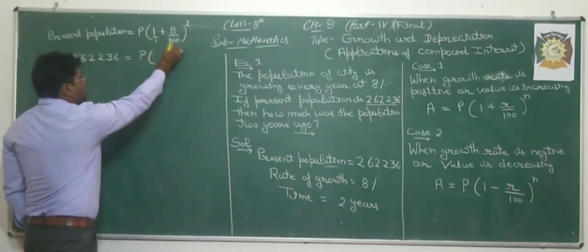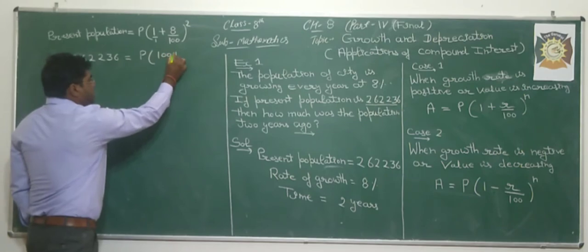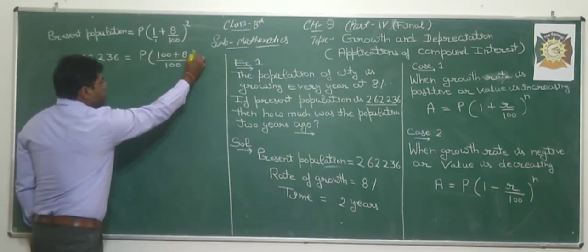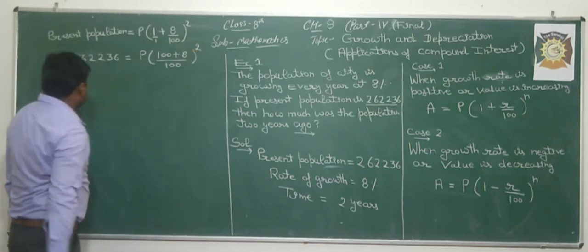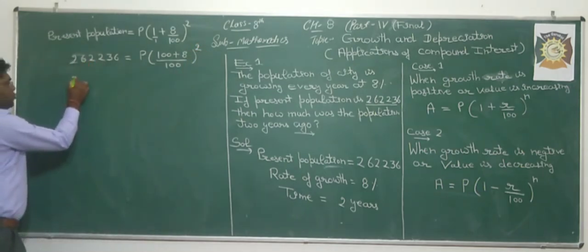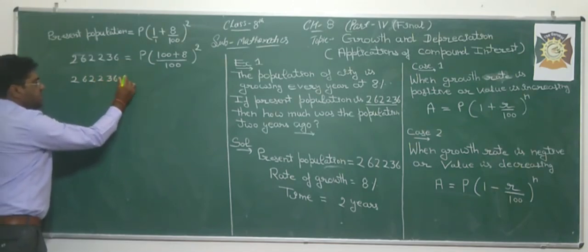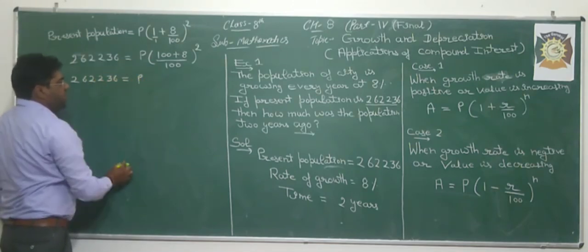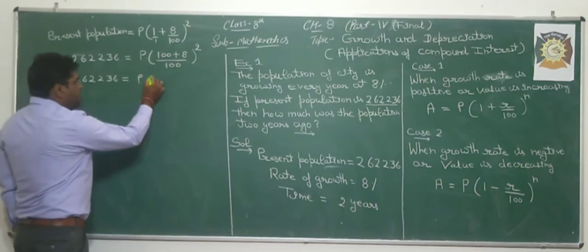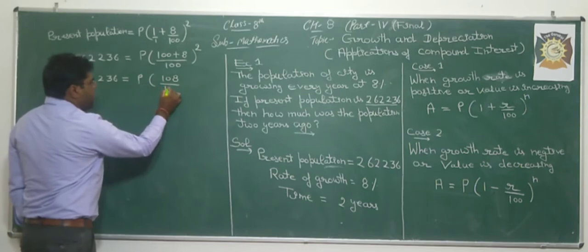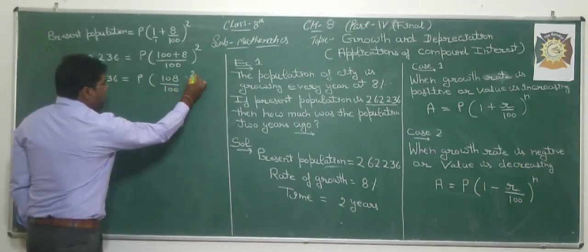It becomes 100 plus 8 divided by 100 raised to the power 2. So write it as it is: 2,62,236 is equal to P, and it becomes here 108 divided by 100 raised to the power 2.